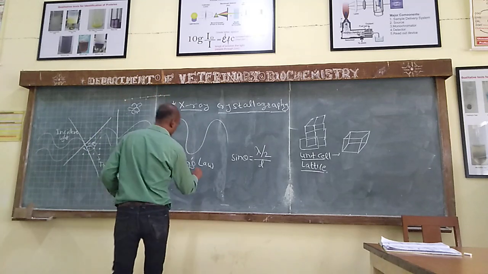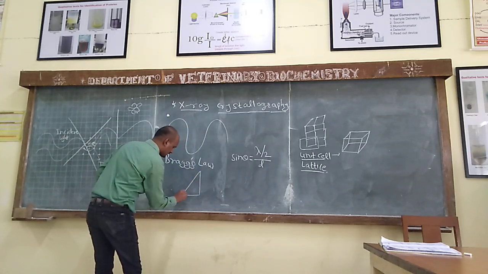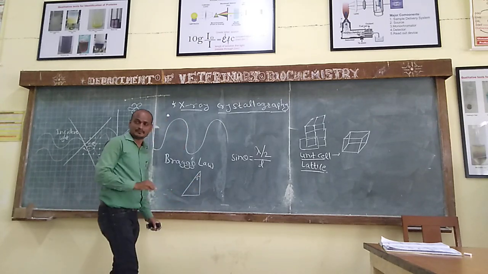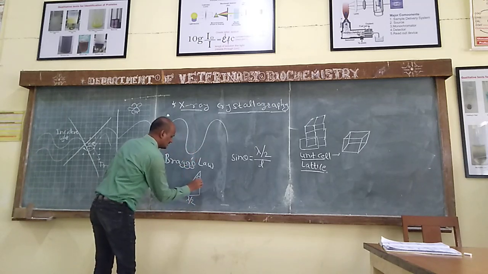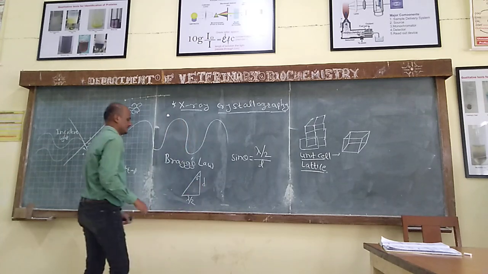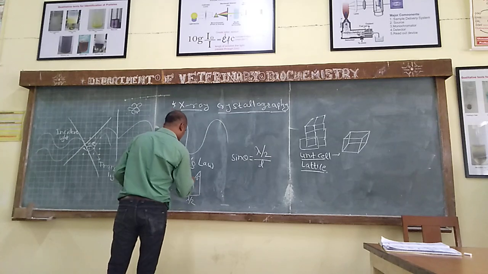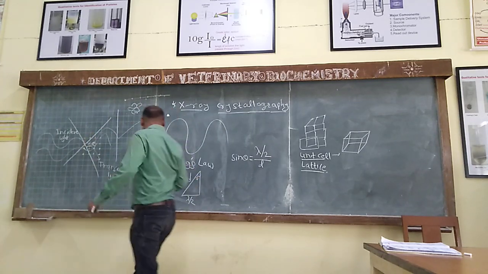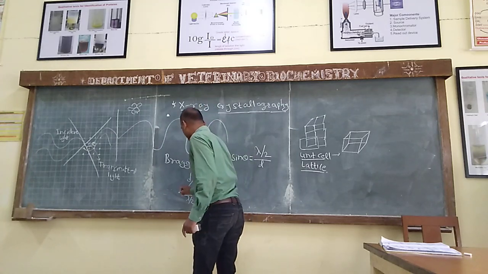It means that, for example, like this. This is angle theta. This is lambda by 2, and this is d. D is basically the hypotenuse. So when we take this point like this, we can tilt it and see this is a hypotenuse.